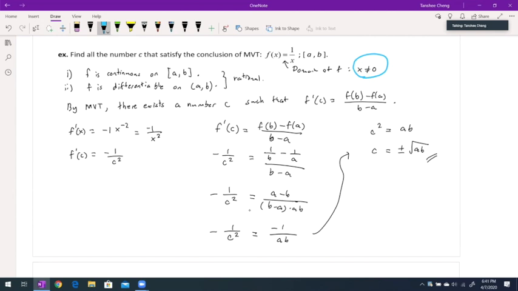And the function is differentiable on the open interval (a, b). Notice that because this is a rational function, within the domain now, I can say this on [a, b], not including 0. That's how I can use the proper notation.